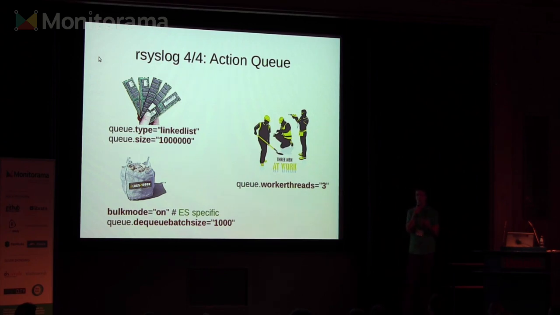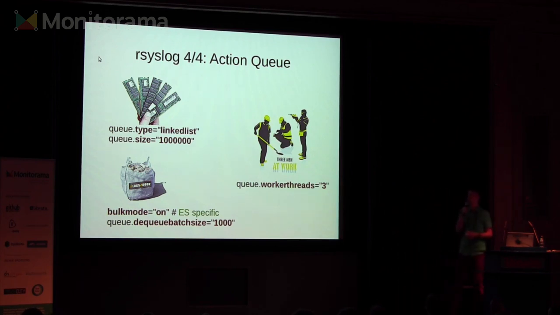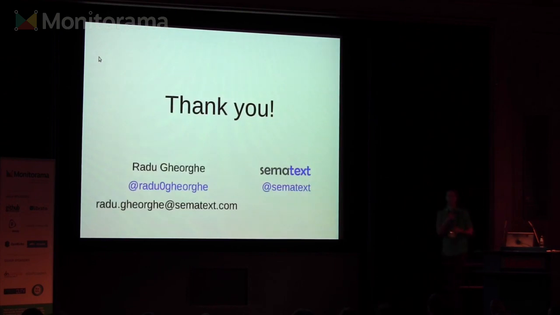But with rsyslog and Elasticsearch, it's a bit of a special case in the sense that you have a bulk of messages, you send it over, you wait for it to get indexed, and then you get the reply, you parse the reply, and then you move on. So this is why it makes sense to have a queue here and to have more than just one thread if Elasticsearch can handle the amount of logs. And now I'm really done.